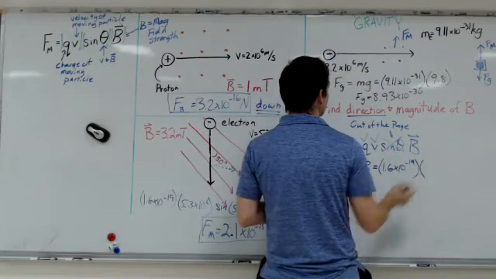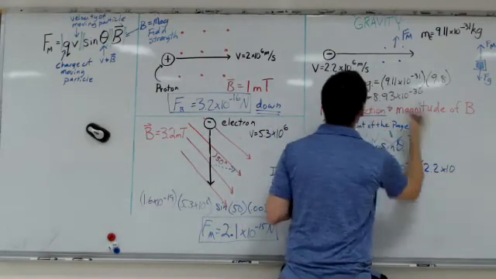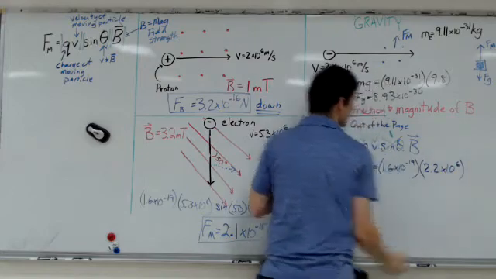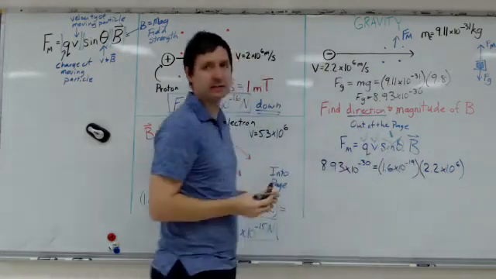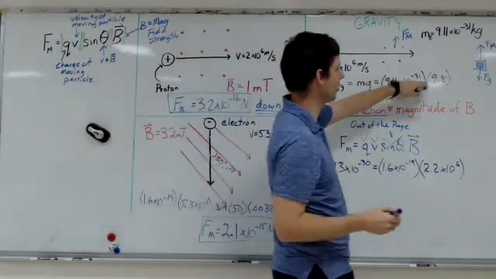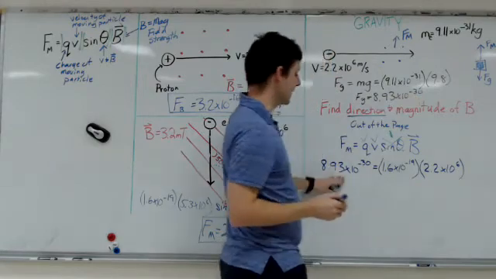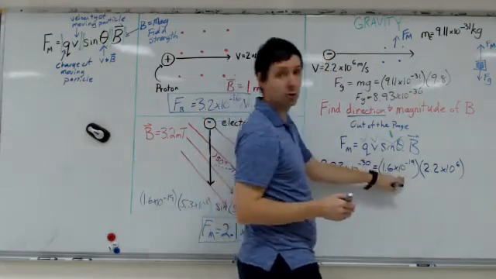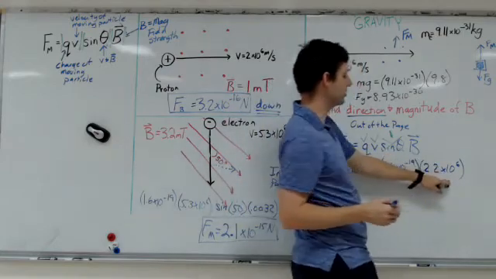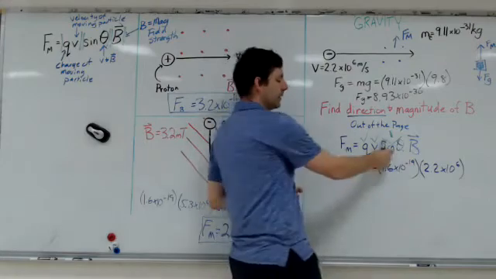That velocity was given to us, the 2.2 times 10 to the 6th meters per second. Everything's in SI units. That's why I'm not writing down my units. I know that this force, because I used kilograms and meters per second squared, is in newtons. Because that's in newtons, this is in coulombs. That 2.2 times 10 to the 6th is in meters per second. Everything's in SI. We got rid of the sine.